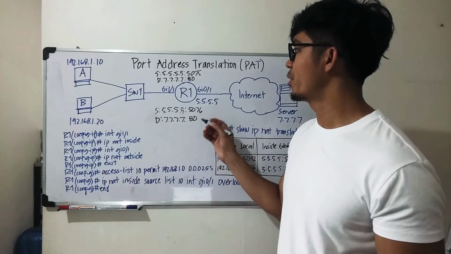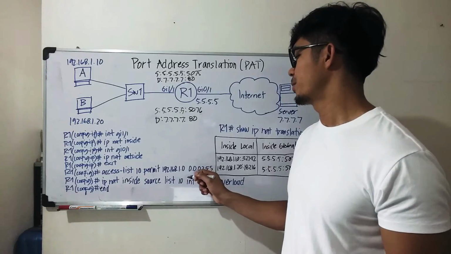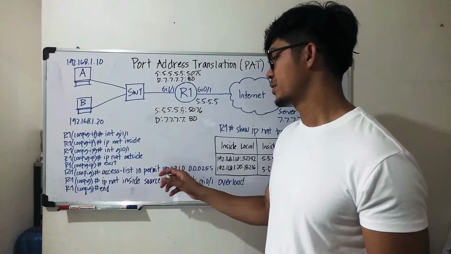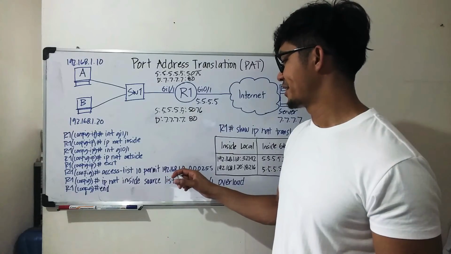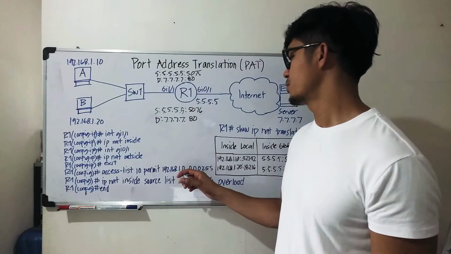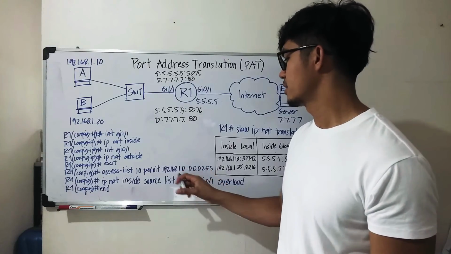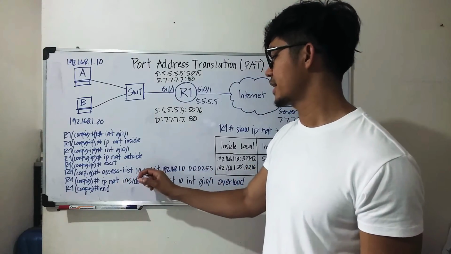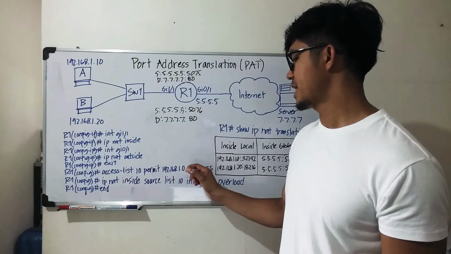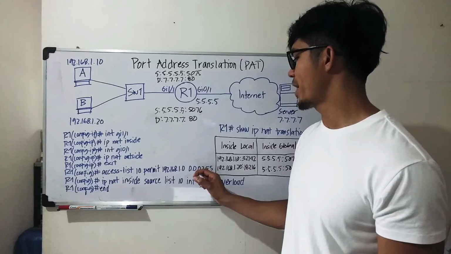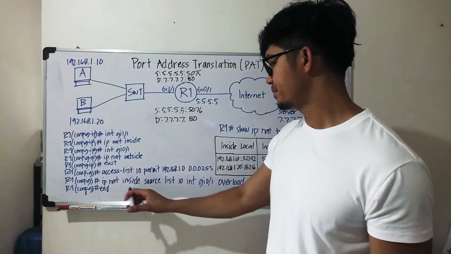In this case, we just have one IP, but we have different ports, so we just have to specify the subnet that we need to be translated into public IP, or public IPs. So access list 10 permit, this is the subnet, so /24, but we are just using a wildcard mask here.